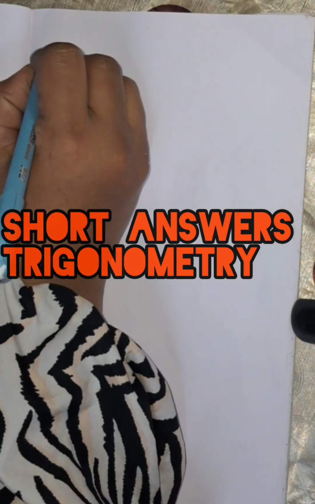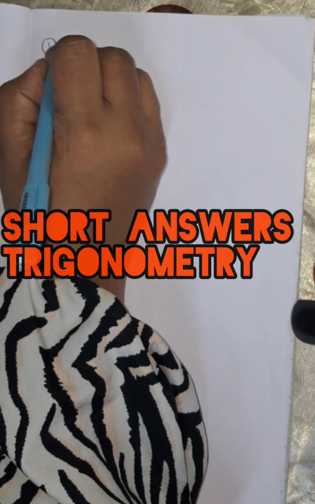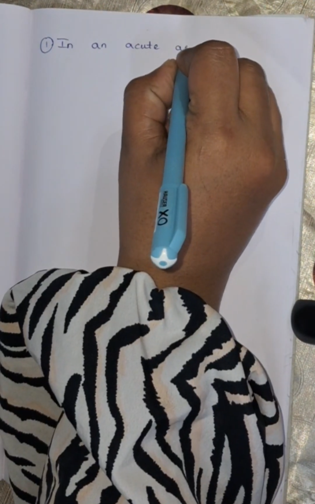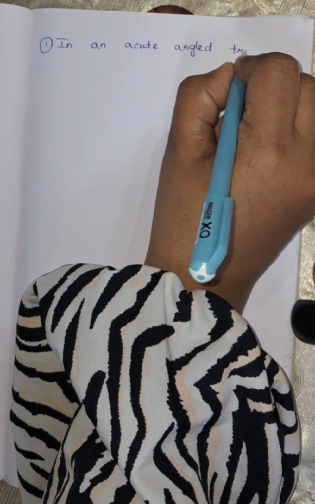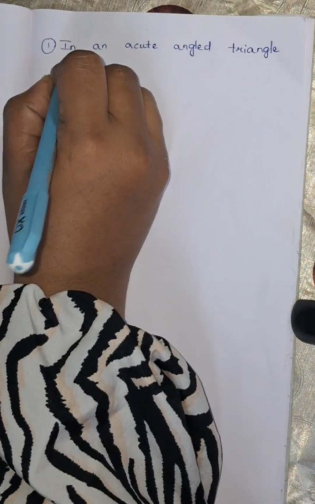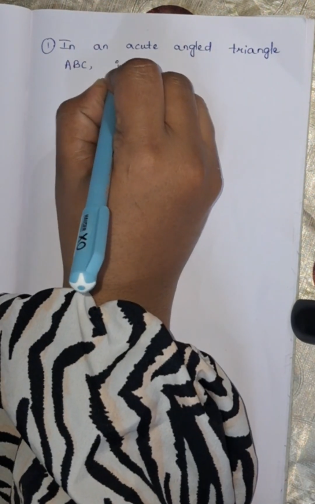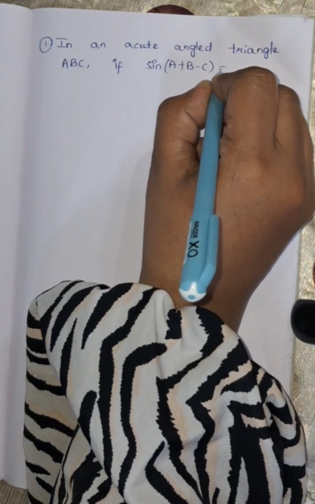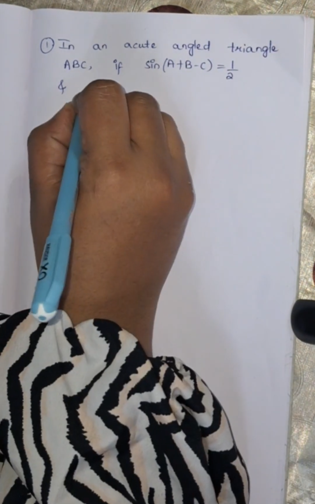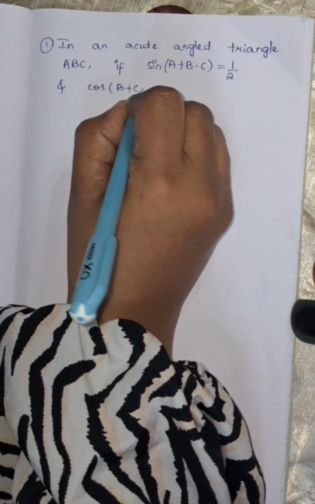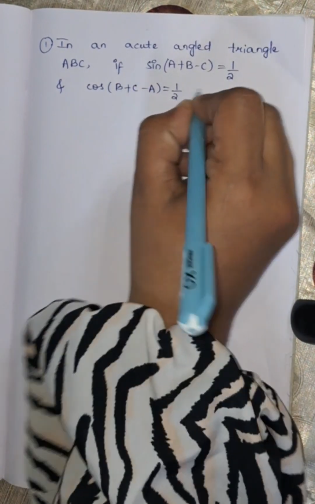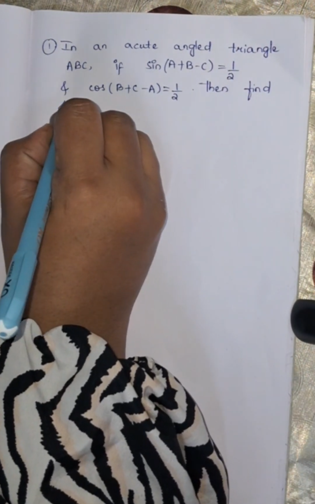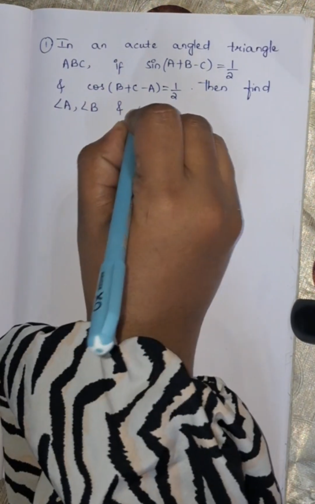So our first question is, in an acute angled triangle ABC, if sin(A + B - C) = 1/2 and cos(B + C - A) = 1/2, then find angle A, angle B and angle C.